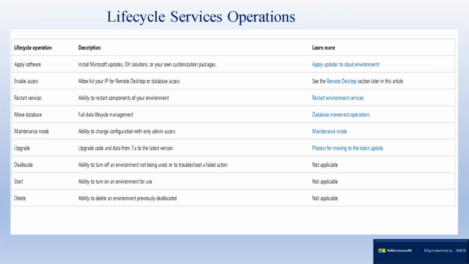So we can carry out different operations on this portal. Some of those operations include applying software. As a developer, once you develop something in your Visual Studio and it's working fine in the development environment, you push it all to LCS.